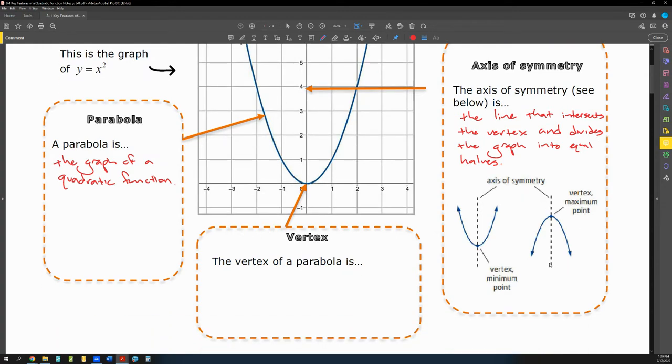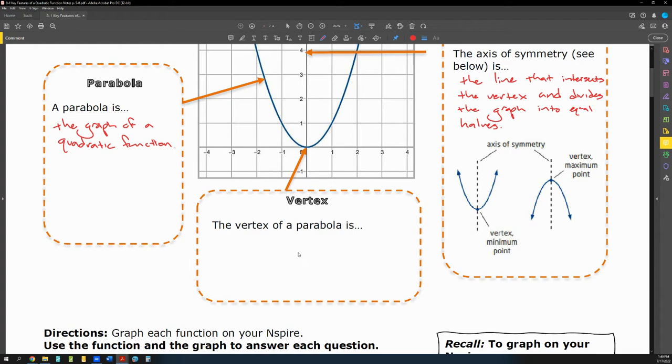So we can see a couple examples, one parabola opening upward and one parabola opening downward, where the axis of symmetry goes right through the middle of the graph. Each side of the axis looks identical, just reflected. Okay? Now that point where it intersects is called the vertex.